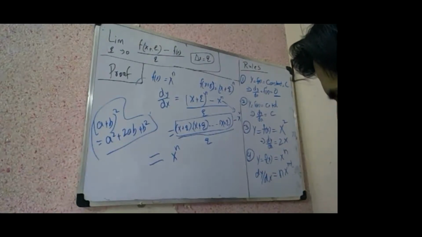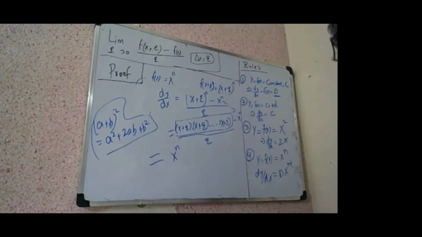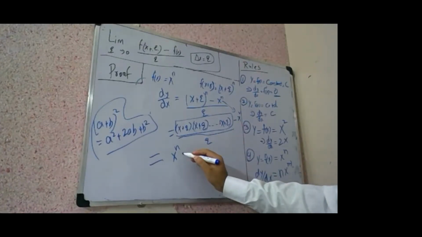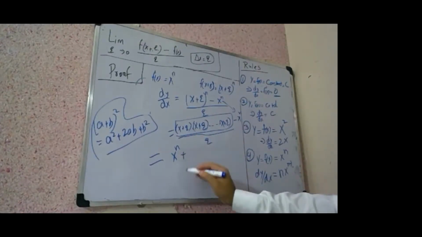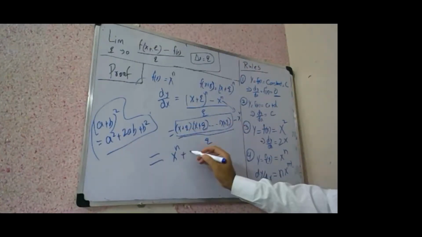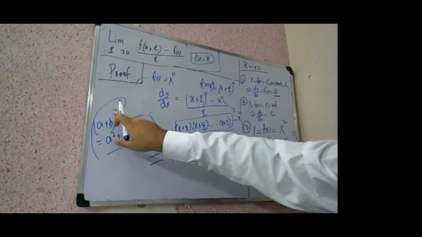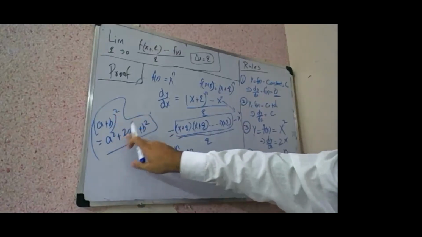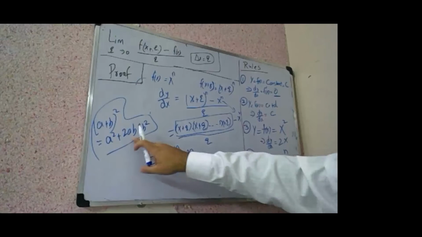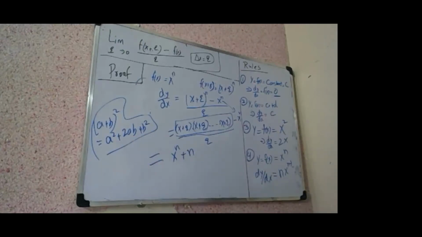Then, what will be the next? Because it's plus, I will add plus, just like 2ab. So how many times 2? Here it's 2, so if here it's n, we get n, and then ab. So what is our a and b?